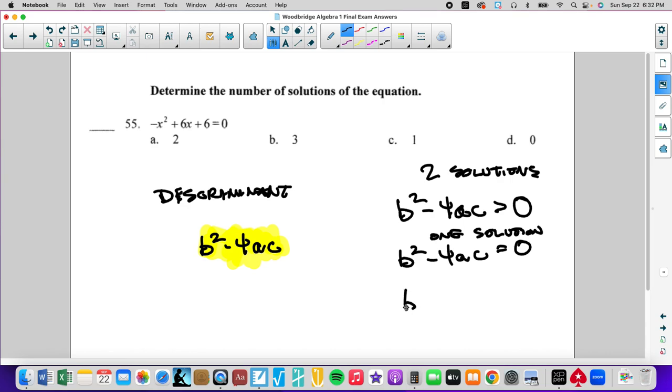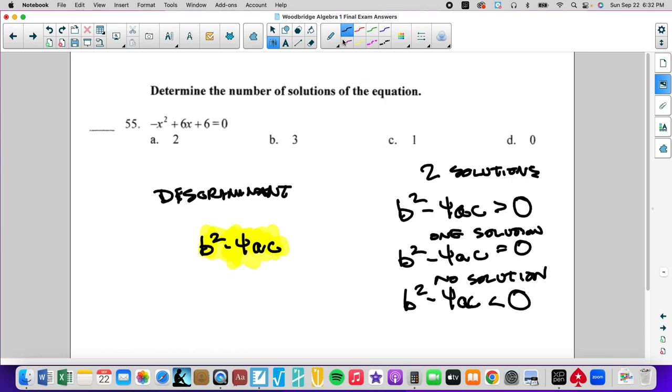And when b squared minus 4ac is less than 0, it's a negative number. We can't take the square root of a negative number, so it is no solution. So we can utilize the discriminant, and this is A.